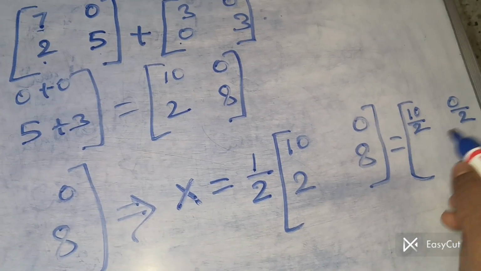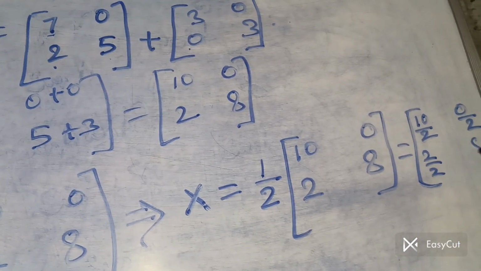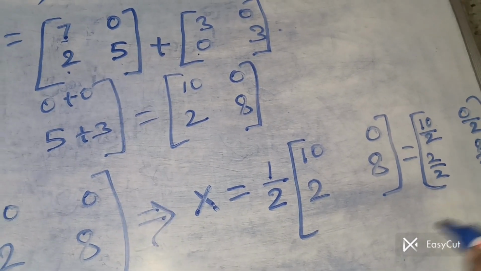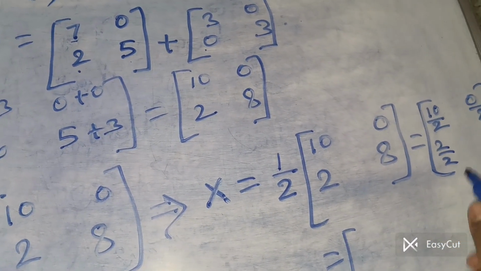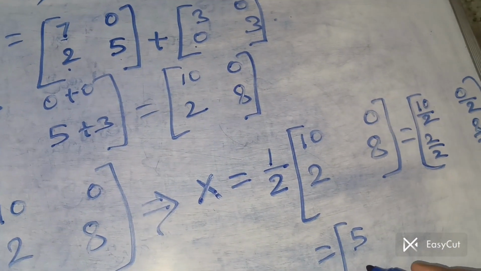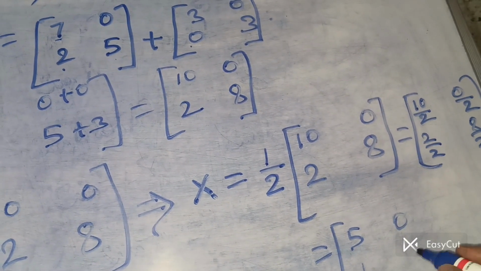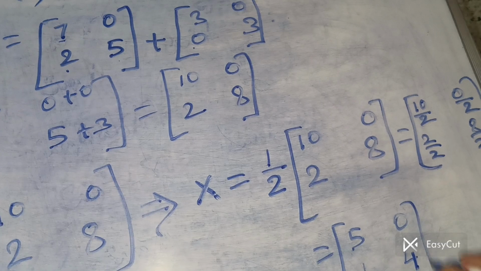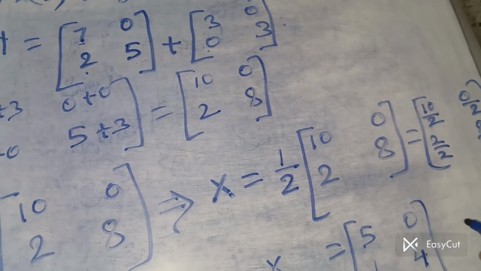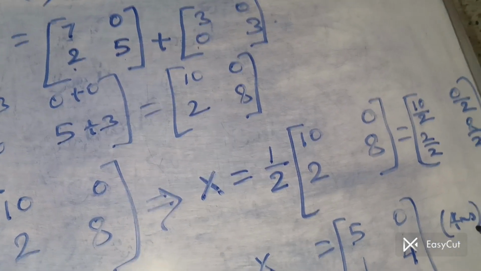So it will become 10 by 2, 0 by 2, 2 by 2, 8 by 2. 10 by 2 means 5, 0 by 2 means 0, 2 by 2 means 1 and 8 by 2 means 4. So matrix x equals this. First answer we got.